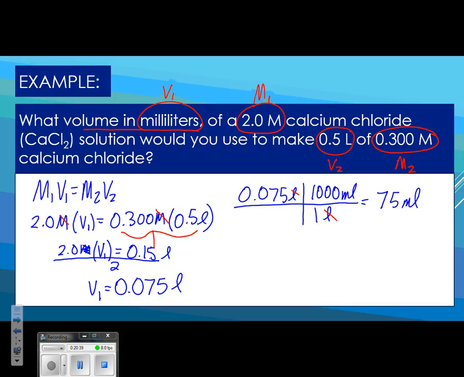Now, to put it to the right number of significant figures, I would probably report 80 milliliters. Now, if I was doing this in lab, I still would probably try and measure out 75 because it'll be more accurate. Okay? So, and we would measure out of calcium chloride solution.